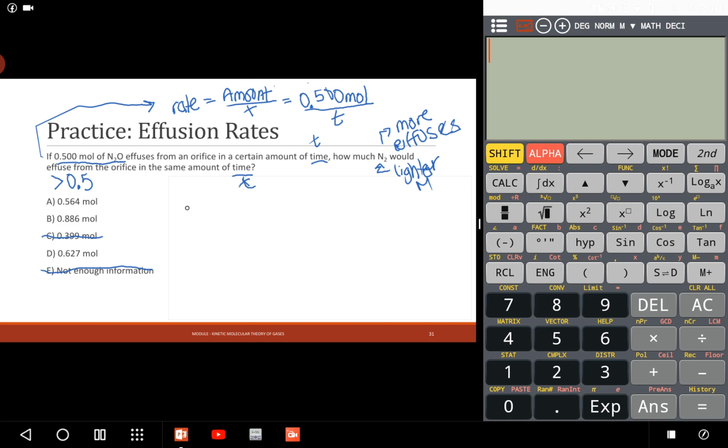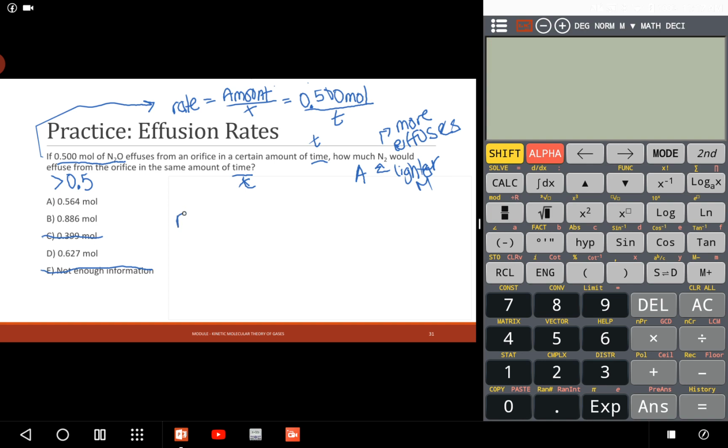I can assign either one to be gas A. And so I'm going to pick this one to be gas A. That way it's in the numerator when I set up my math. That's going to just make it a little bit simpler for me.